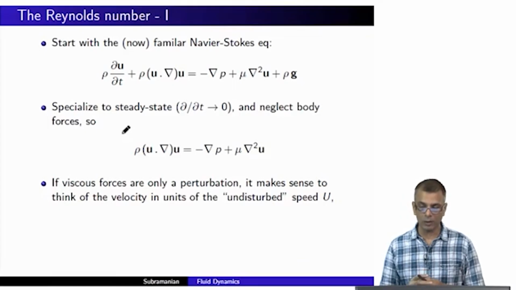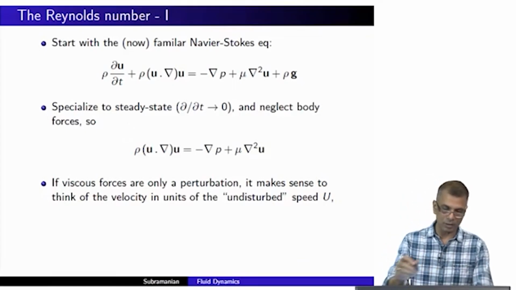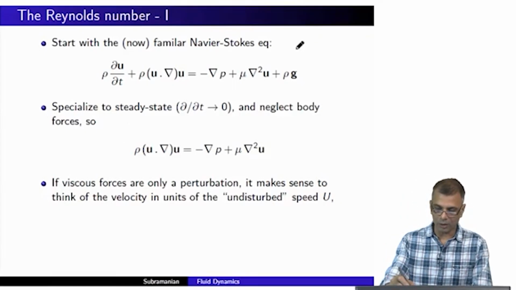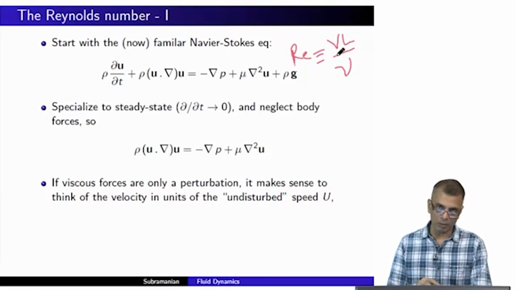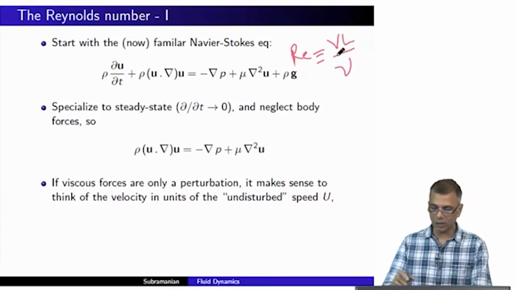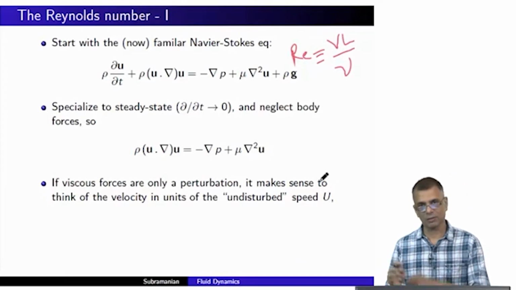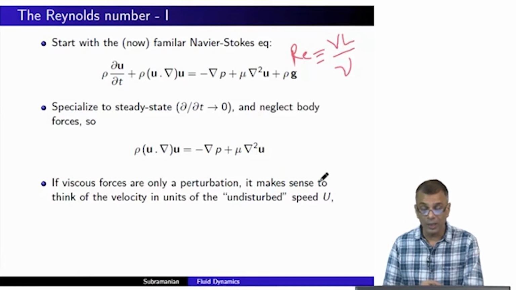Remember when we were talking about Reynolds numbers yesterday, we were defining Re as V times L over nu. I beg your pardon for the slight change in notation: today we will be replacing this capital V by capital U. This is something you need to keep in mind.